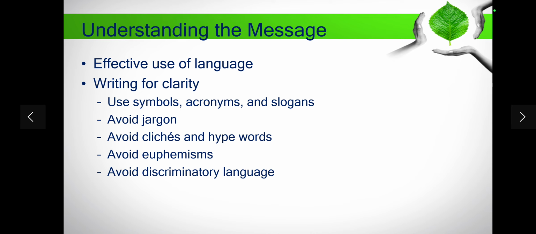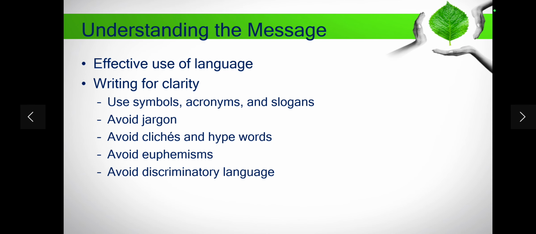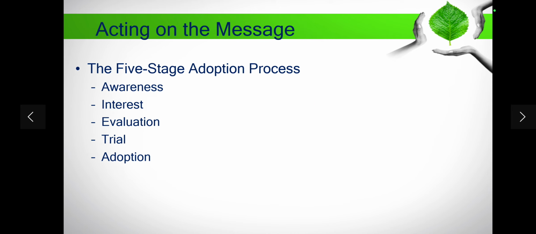So that one too was done, it was treated in a video. You would see this slide and remember that is where, so we are talking about selecting communication tactics. So that is where we discussed the effective use of language, using symbols, avoiding jargon. We also discussed what makes people act on a message. We discussed the 5-stage adoption process.